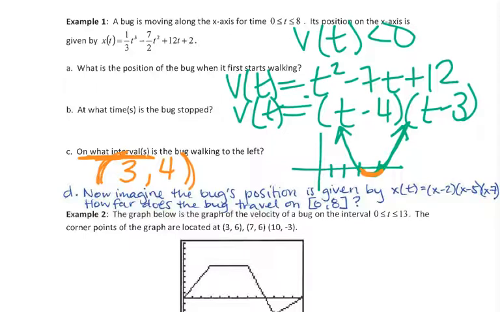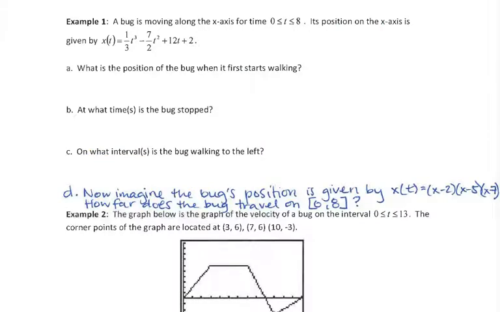Okay, now there's one more question here, and it's, now imagine the bug's position is given by a new equation. How far does the bug travel on the interval from 0 to 8? Okay, so if we're trying to find total distance here, how far the bug is traveling, we would normally do the integral of the absolute value of the velocity from a to b, dt.